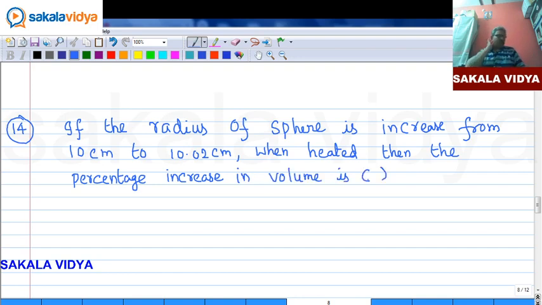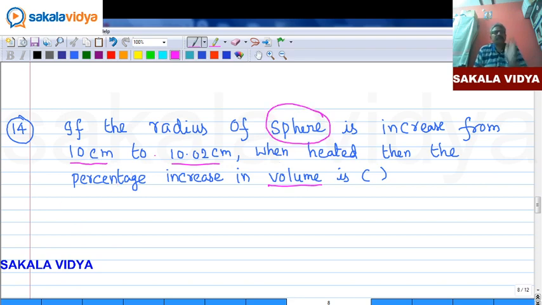So that we need to find out, percentage error in the volume of a sphere we need to find out. So that means this is the initial radius, this is the final radius. So final minus initial, we can find out the error, and the percentage error in increase in the volume of a sphere. The problem is related to the sphere.